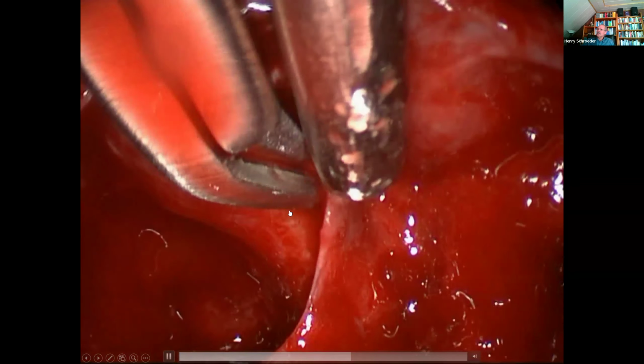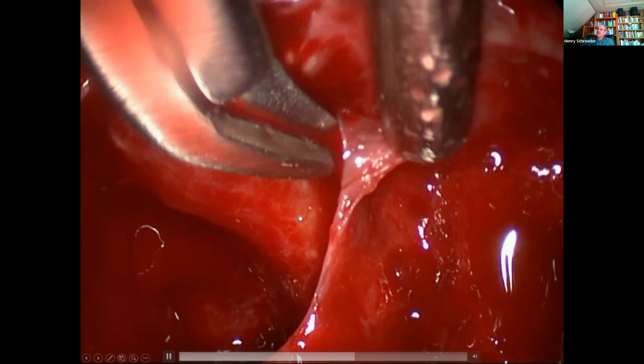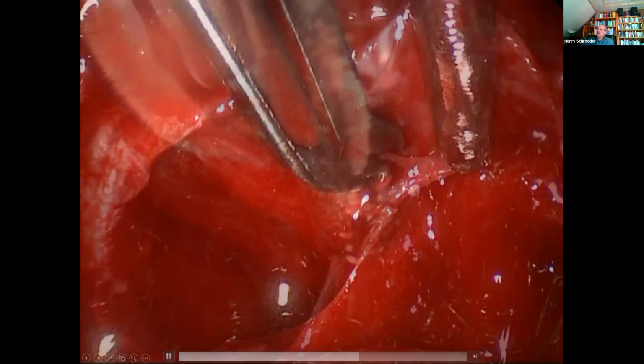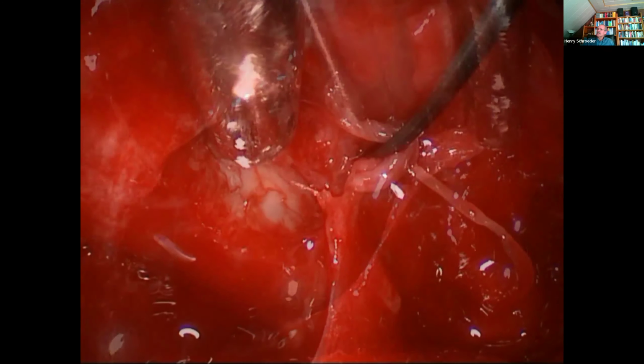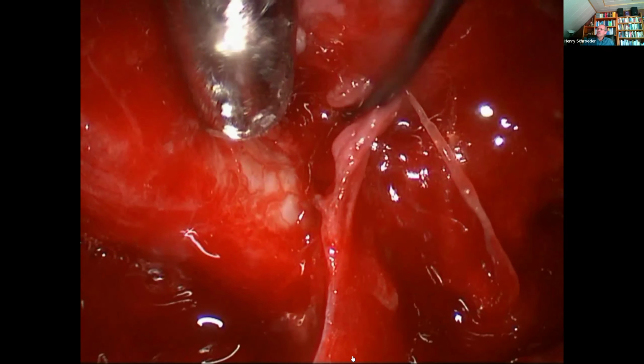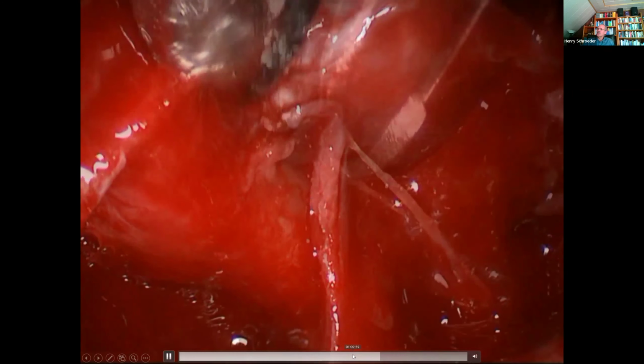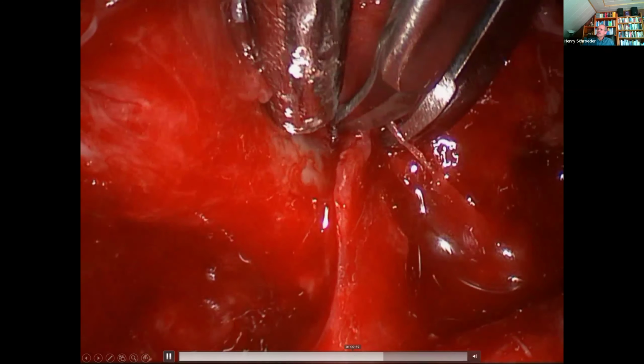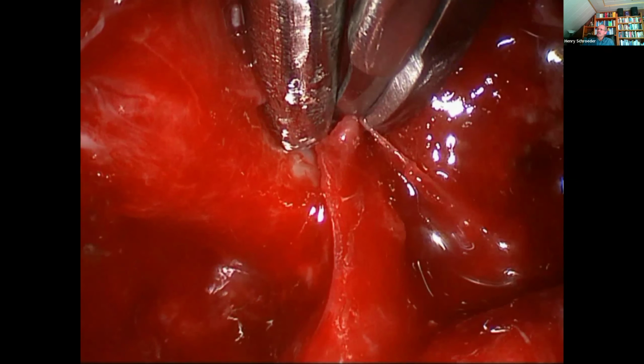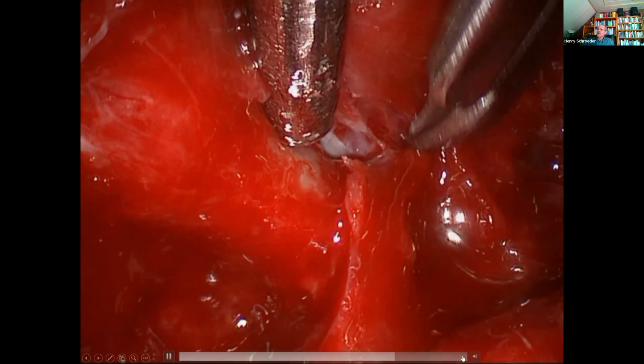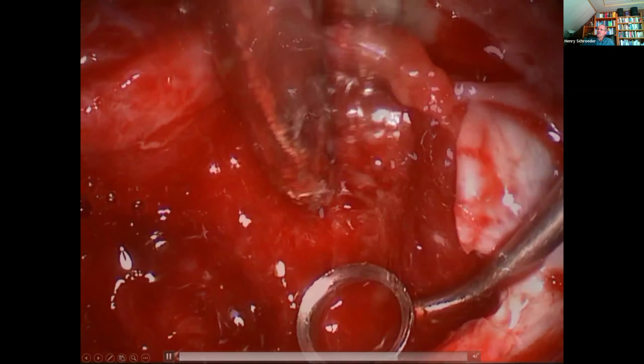Here you see the carotid. So we open the medial wall and resect a little bit of it. When you then start to have severe hemorrhage from the cavernous sinus, then you know that the tumor is sufficiently resected. You have entered the tumor-free cavernous sinus, and then you can stop.